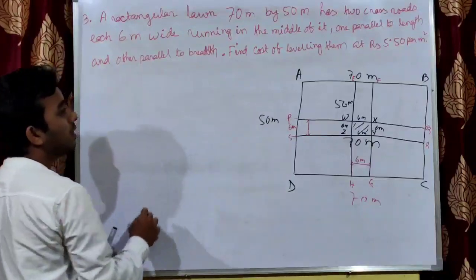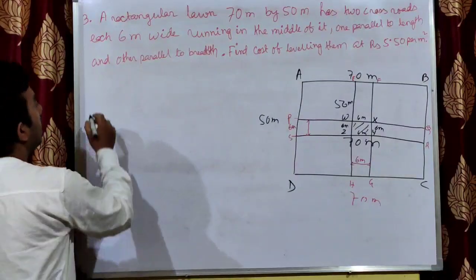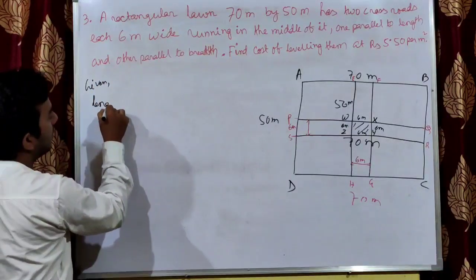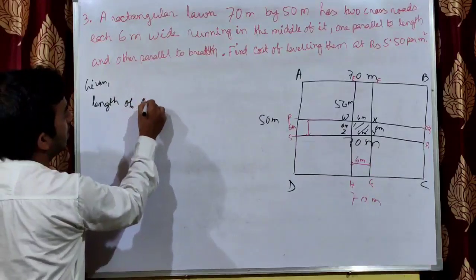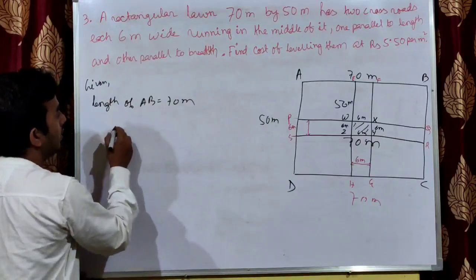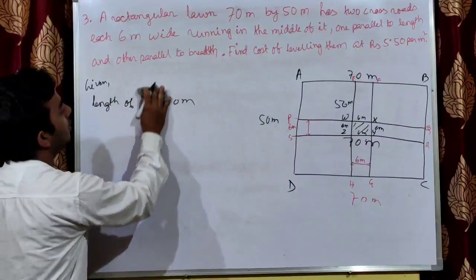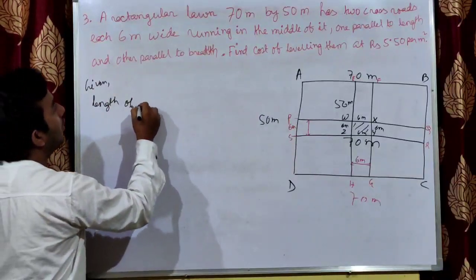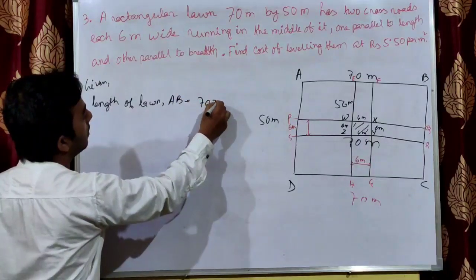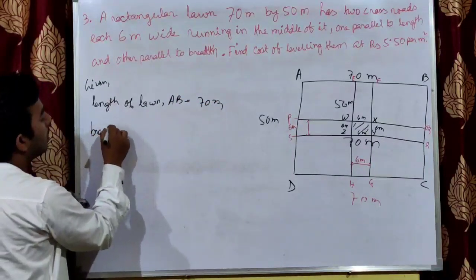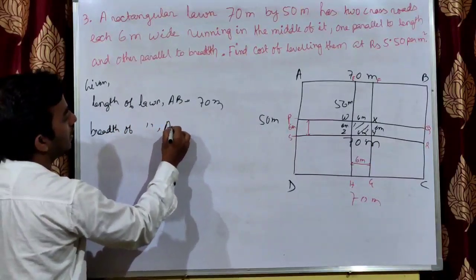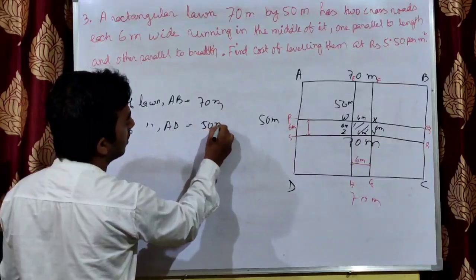So first of all we will write the given: length of lawn, AB equals 70 meter, then breadth of lawn, that is AD equals 50 meter. Clear?